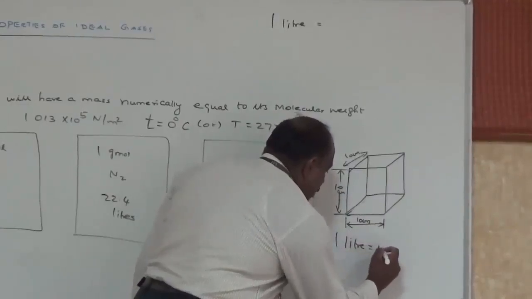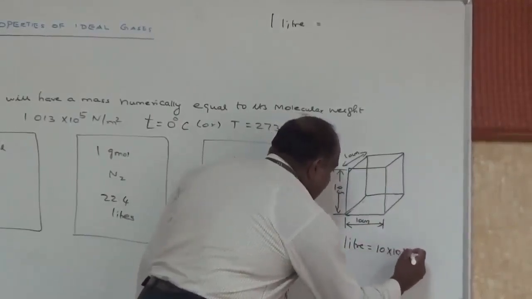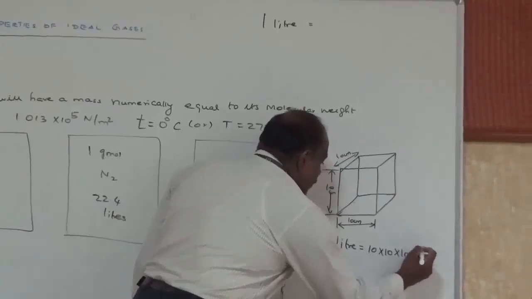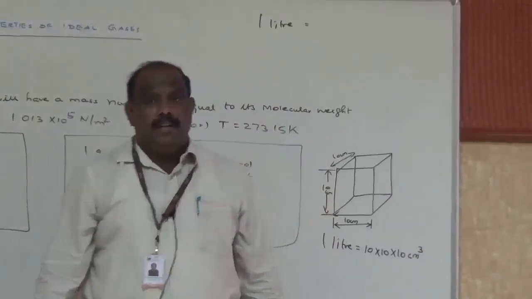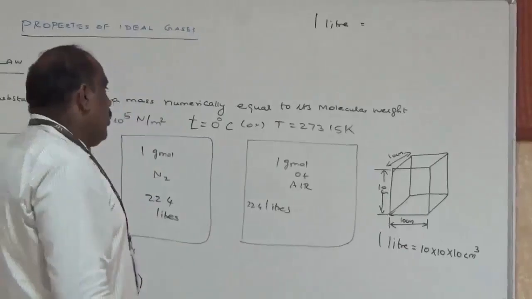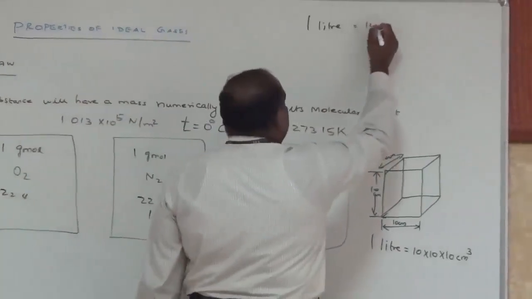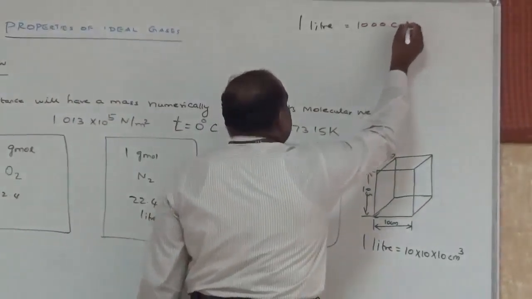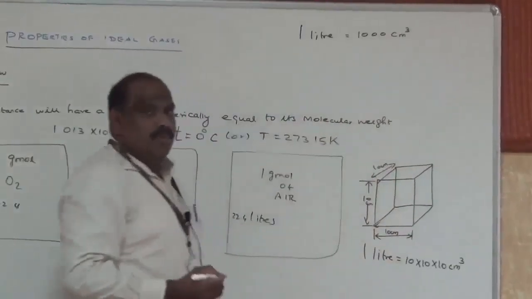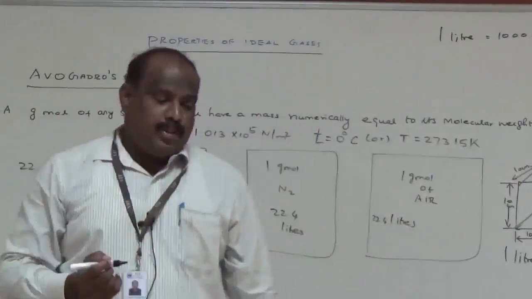So 1 liter will be equal to 10 into 10 into 10 centimeter cube. So 1 liter is equal to 1000 centimeter cube. That's what I want to tell you. 1 liter will be equal to 1000 centimeter cube.